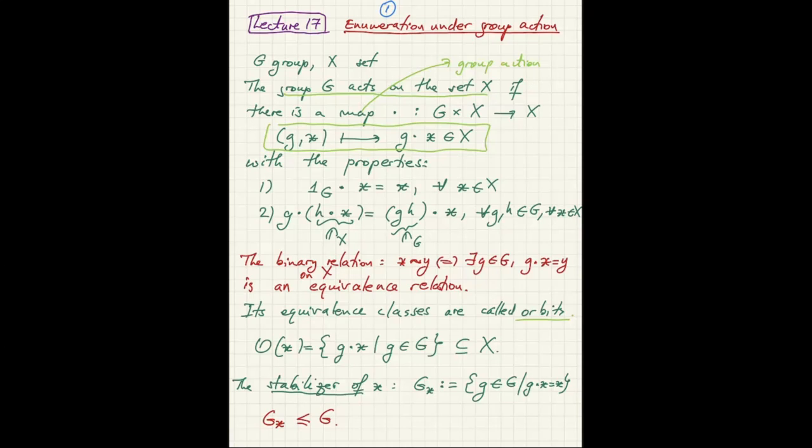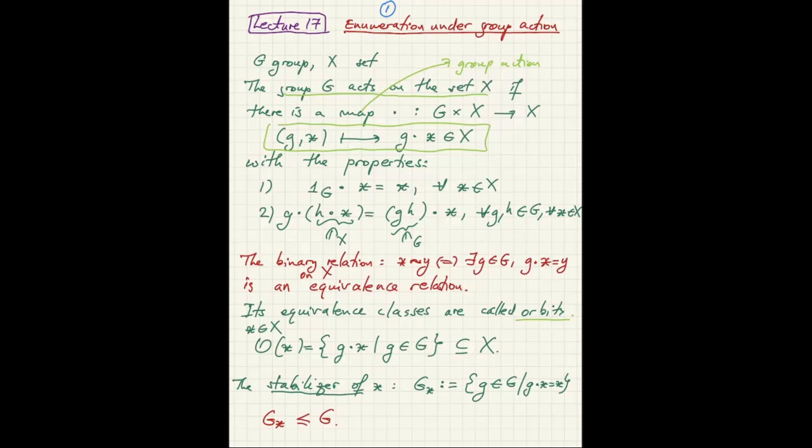So for an element x in X, its orbit, denoted by O(x), consists of all elements of the form g acting on x for g a group element in G. This is a subset of X, and from the properties of equivalence relations and equivalence classes, it follows that two orbits are either equal or disjoint, and the orbits partition the set X. We'll see in a little bit an application of this result, the fact that X is partitioned into orbits.